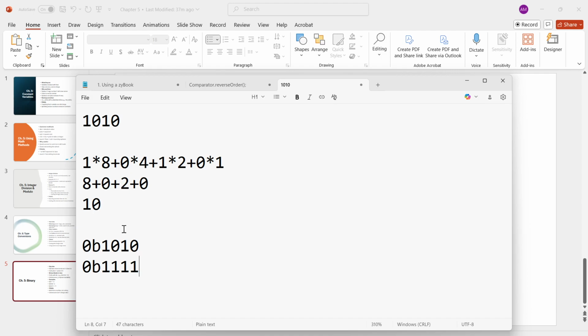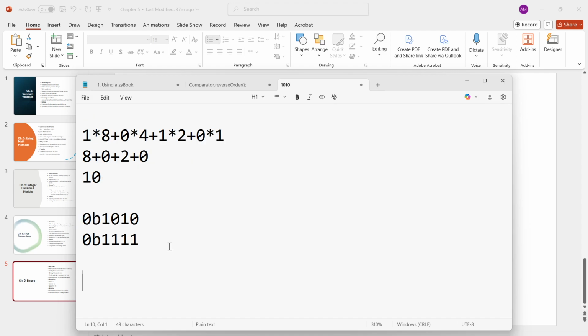Java also lets you use underscores for readability in numeric literals. They don't change the value, they just make long numbers easier to see, like 0b1010_1100. It's still one number. Think of underscores like visual commas. The compiler ignores them.